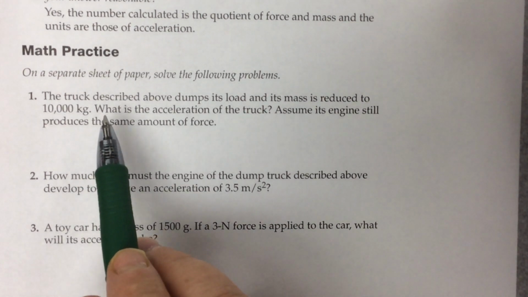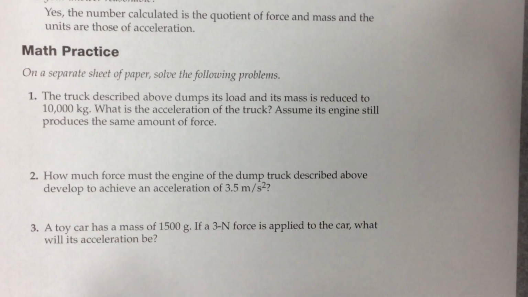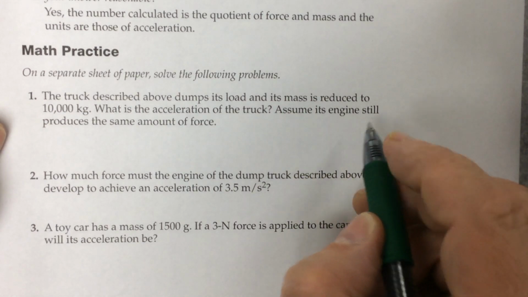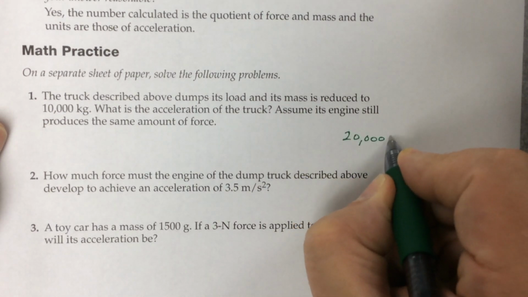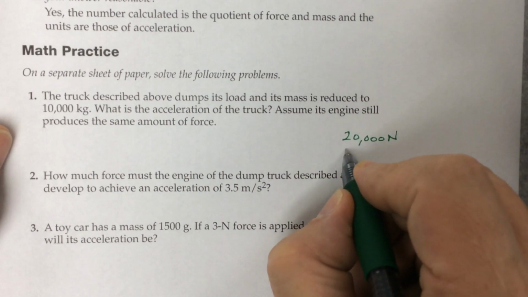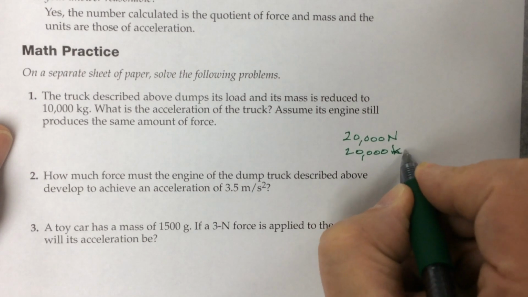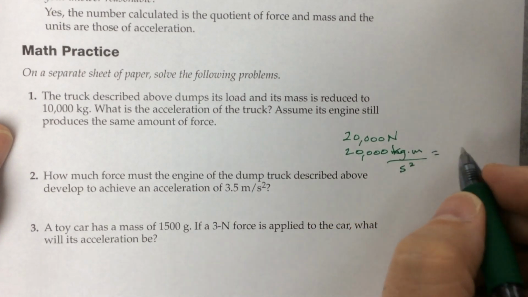The truck described above dumps its load and its mass is reduced to 10,000 kilograms. Assume its engine still produces the same force. So we know it produces 20,000 newtons, otherwise called 20,000 kilogram meters over seconds squared.